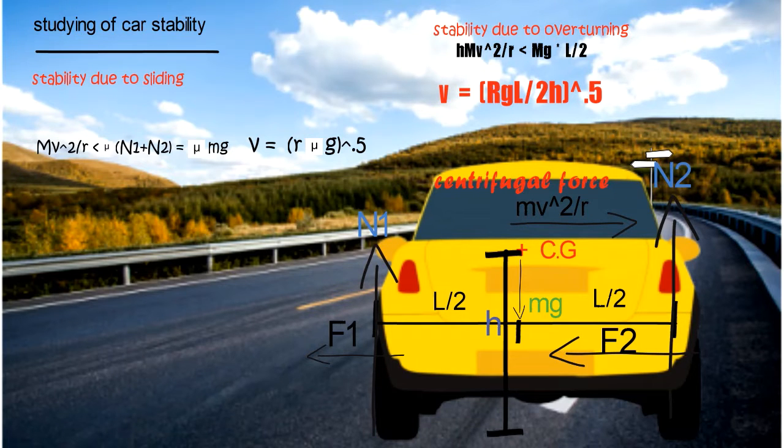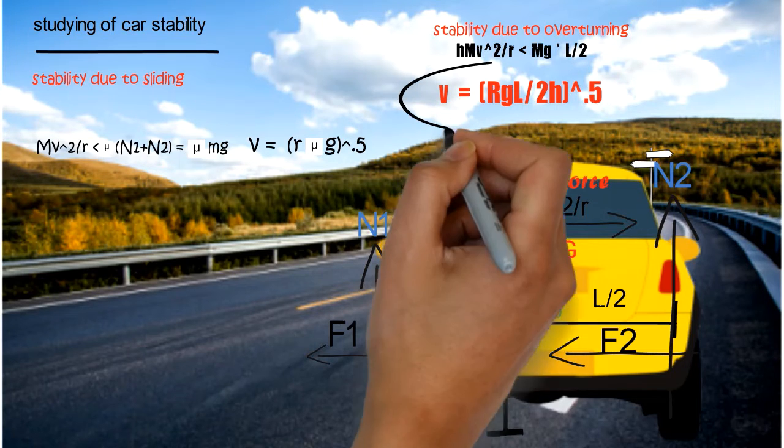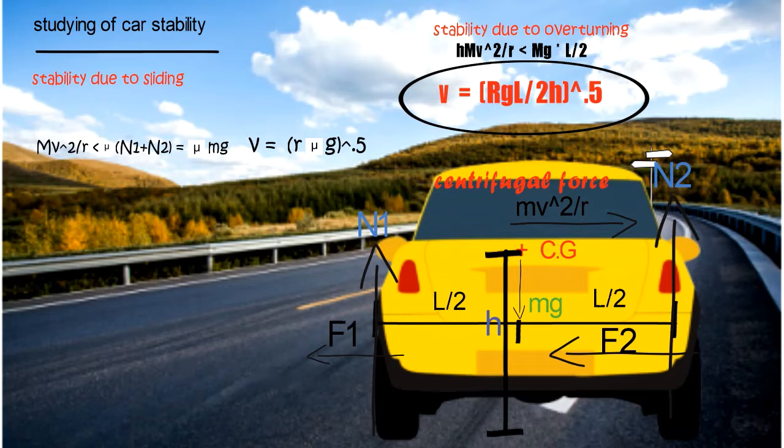As you can see, if the car travels in a circular path like this in the figure, it will be affected by centripetal force provided by friction between the tires and the road itself. If you look at F2, it is bigger than F1 because the friction force depends on the normal force.